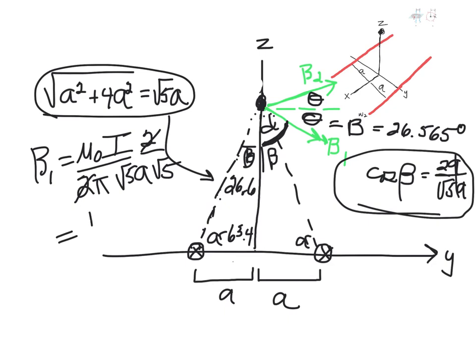So we have 1/5 mu naught I over pi a. That's the x component of B1, but it's going to be the same for B2, and so you'll have to multiply by 2 to get the final field vector, and it's in what direction? It's along the y-axis, right? The way we've defined it, since the y-axis is the way we've drawn it to the right.